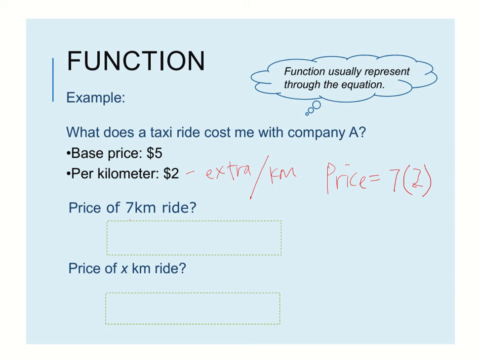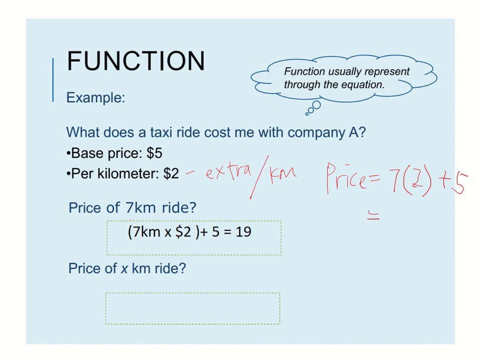Is this all we need to pay? No, we also have to pay the base price of $5. So at the end, you need to pay 14 plus 5, which is $19.